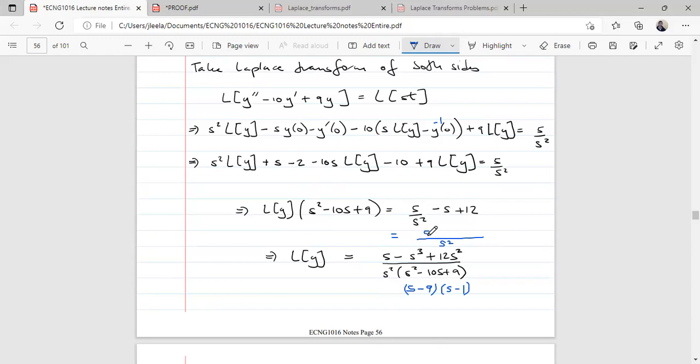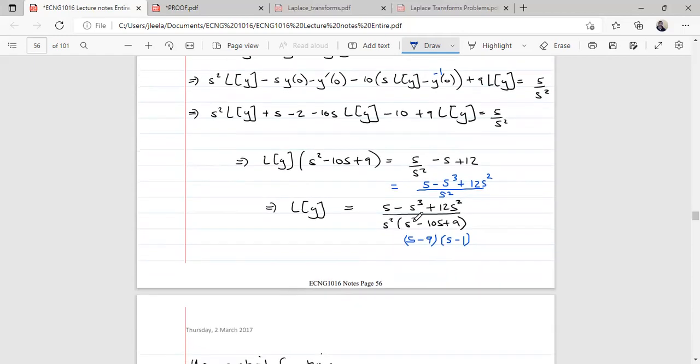Right, so this is 5 minus s to the power 3 plus 12 s squared. So that is what was done here. So therefore, the s squared into s squared minus 10s plus 9 would be the LCM of every term on the top here, to make it easier.